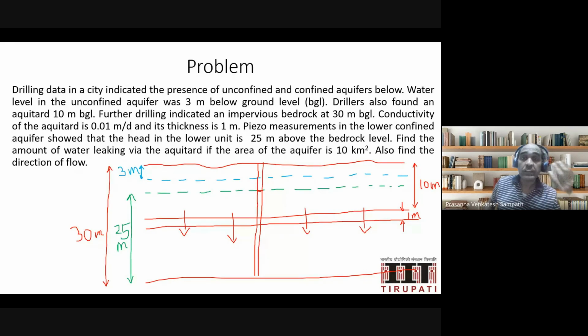Well, pretty much the only equation we have learned up to this point is Darcy's law, right? We have a head gradient across this aquitard. Yeah, go ahead, Shantanu.